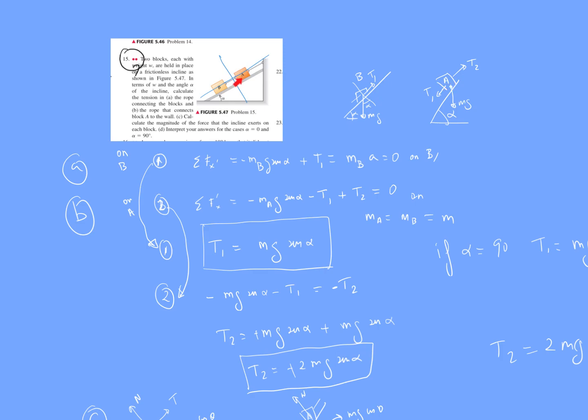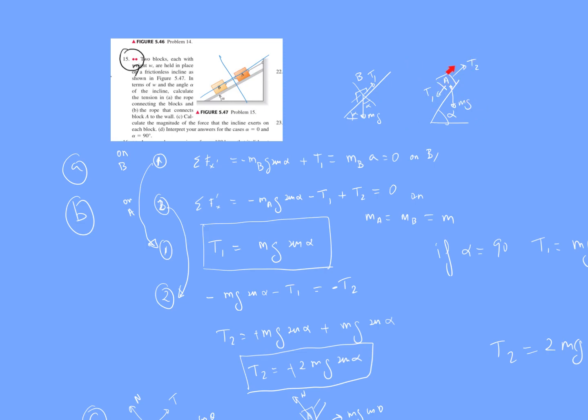Perfect. Now I will go to my body A. My body A has several forces. I'm looking now at the x direction. There is T2, the force that the wall or the rope is doing on the body A, T1, the force that the rope is doing on the body A going in this direction, and mg. The sum of the forces must be 0 in the x direction and in the y direction.